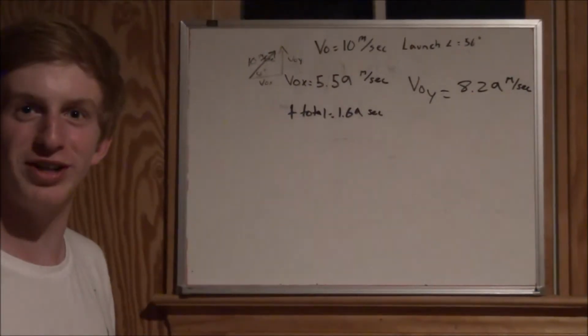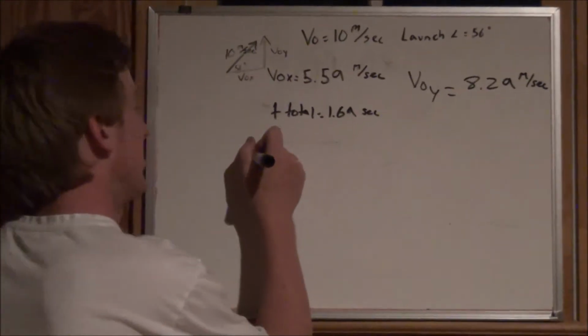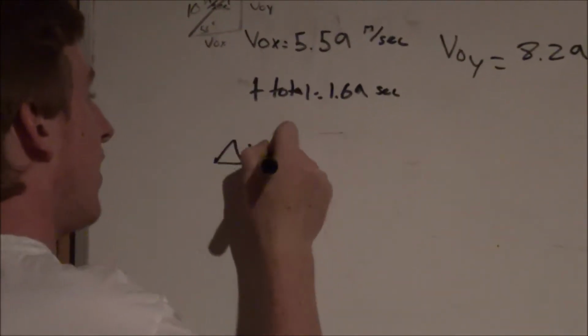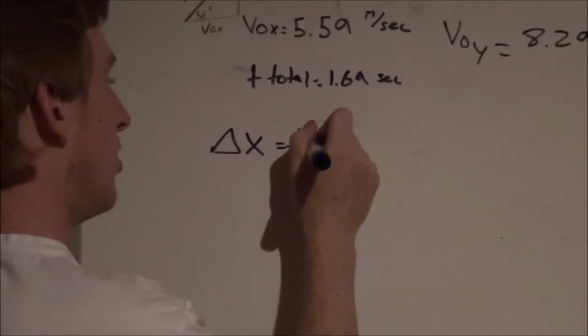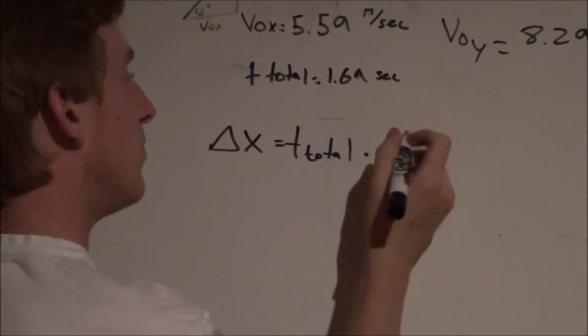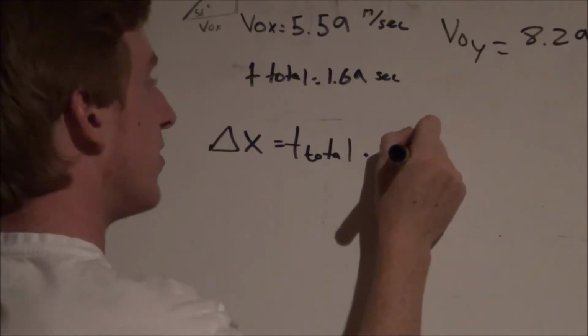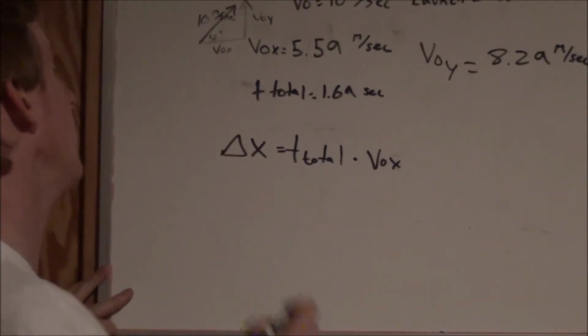Now, we will be finding the total distance that the ball traveled in its flight. The equation for this is delta x equals time total times v0x. This is where the horizontal velocity comes into play.